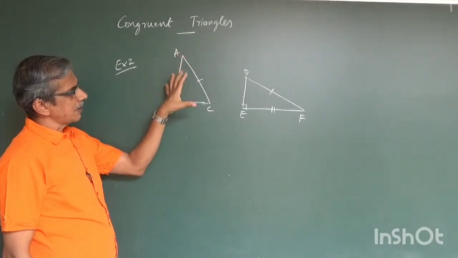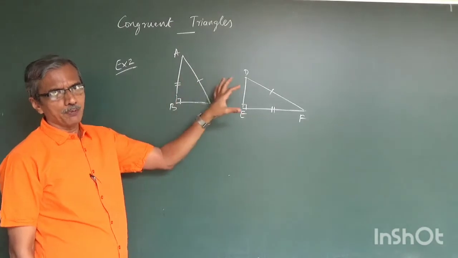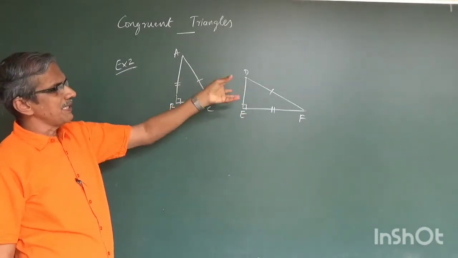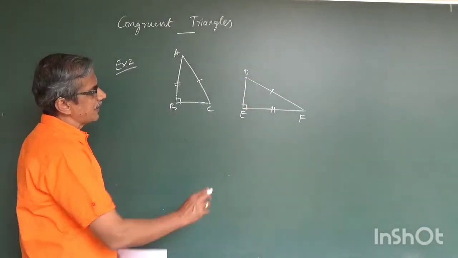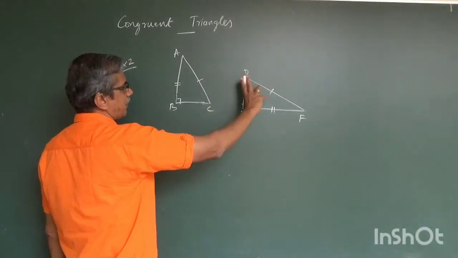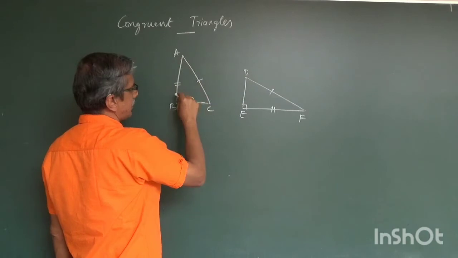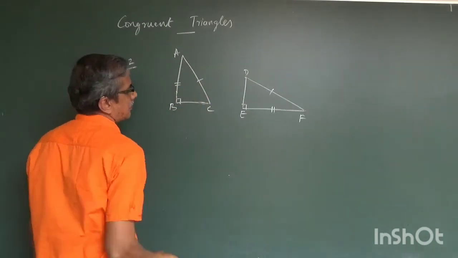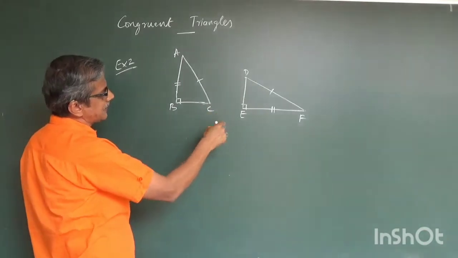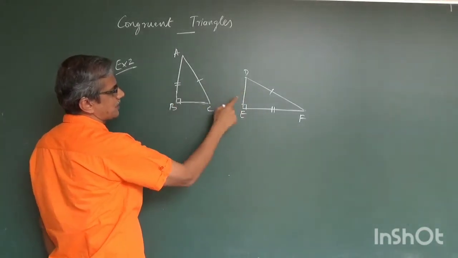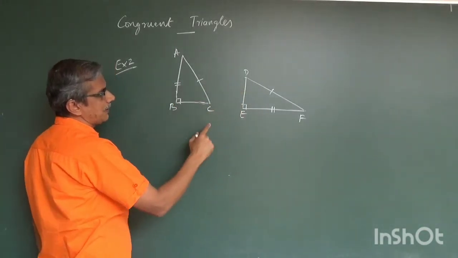The triangles won't be represented in the same position. One of the triangles, you have to imagine, you have to shift it. You have to rotate it and see. If I rotate this, it will become congruent to this. So, are these triangles congruent? Now you can see that you don't have to go by the same positions.